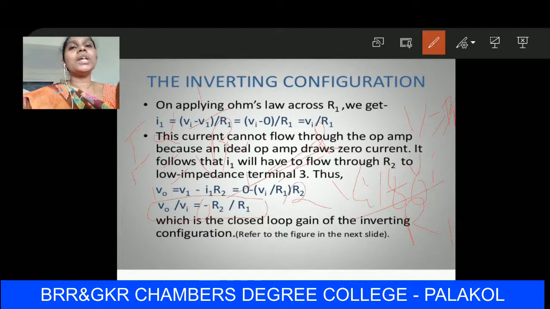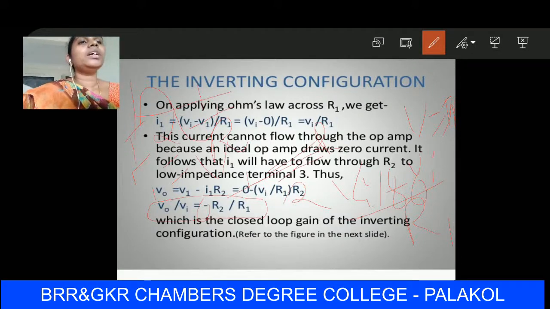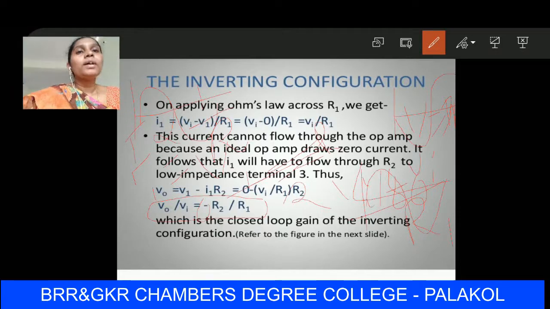Actually, in an operational amplifier, when you apply an input signal like this, an AC signal, taking it as inverting, it produces an inverted output. But if we apply the input to the non-inverting terminal, it will give the same as the input. So the minus indicates 180 degrees of phase shift from input to output.